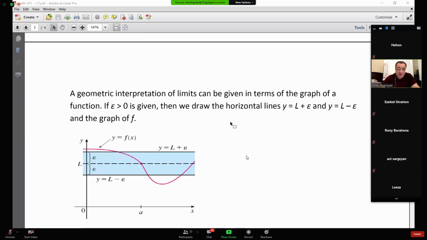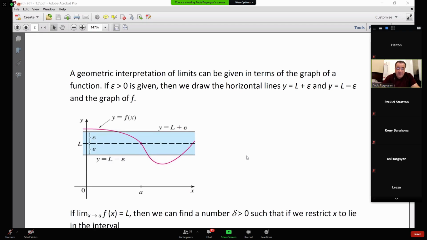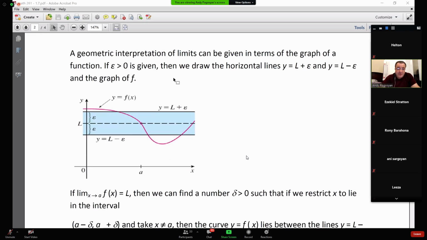Now, the geometric interpretation of limits can be given graphically. So epsilon greater than 0 is given.